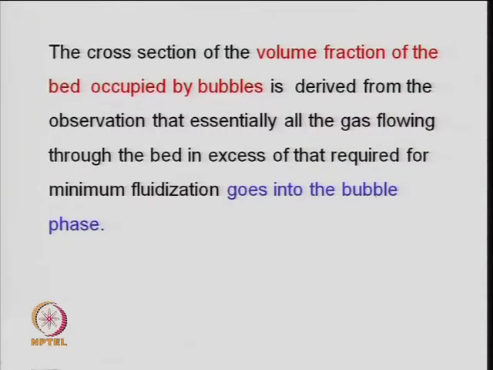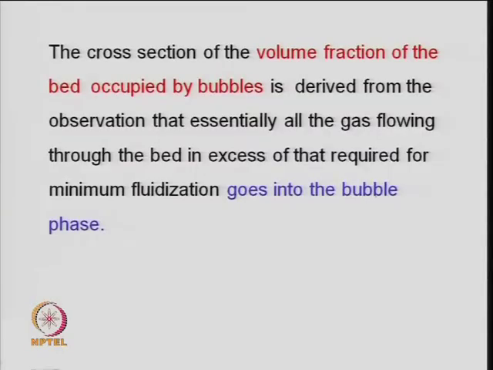Now, the cross section from bubble to emulsion transport. The cross section or volume fraction of the bed occupied by the bubbles is derived from the observation that essentially all gas flowing through the bed in excess of that required for minimum fluidization goes into the bubble phase. That you get from the minimum fluidization condition.